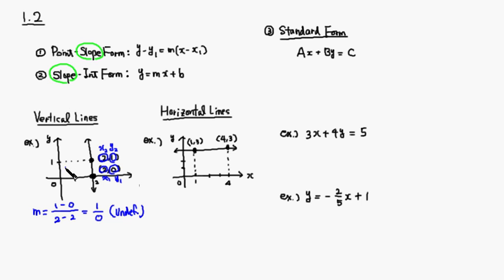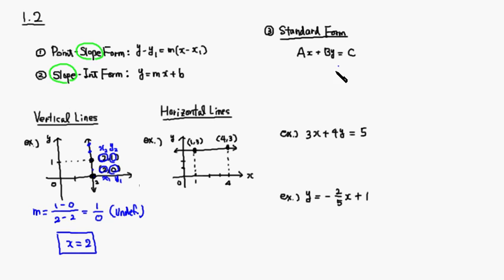So for example, what the points on this vertical line have in common is that the x value is always 2. The x-coordinates are always 2. So the equation is actually x equals 2. This is the equation of the vertical line.